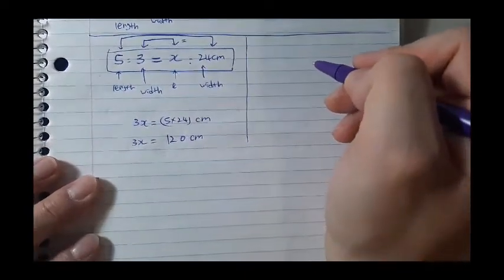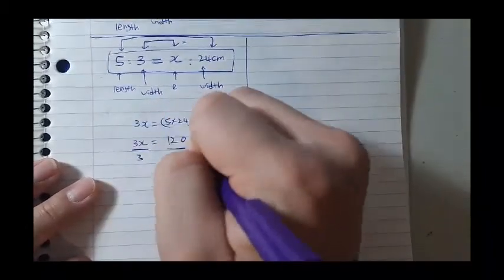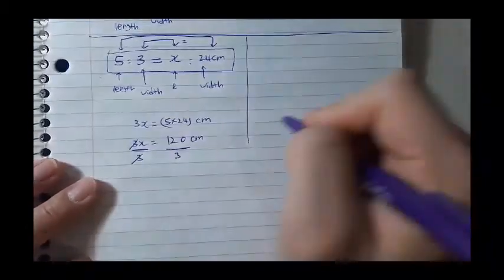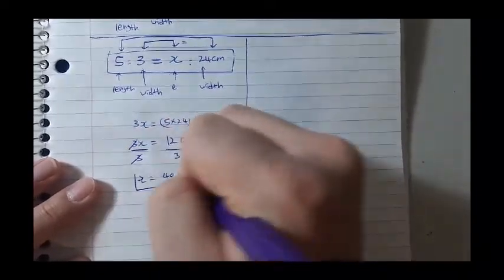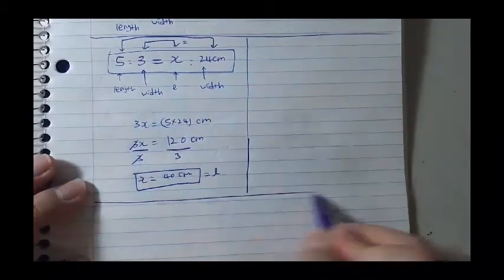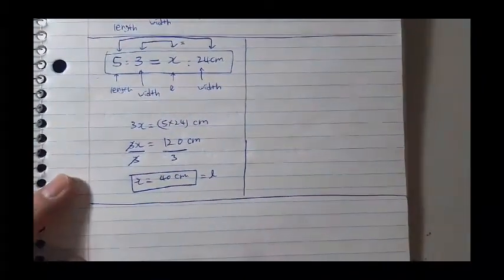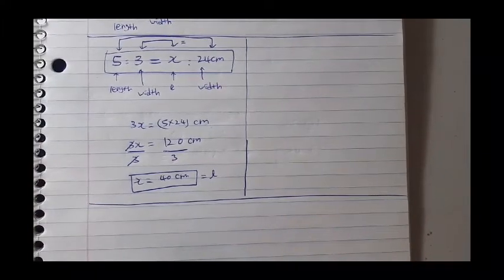At this point, I want you to do the opposite operation, which means divide by 3, and x thus is equal to 40 centimeters, and that's my length. This is one of the methods. Again, the solution in the workbook doesn't give you that.